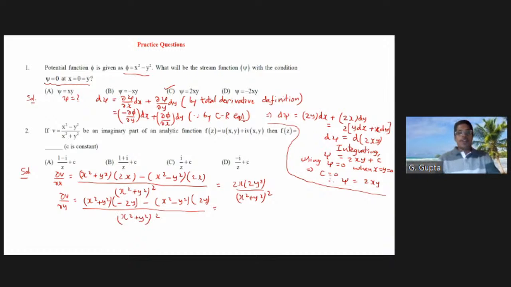So after taking 2y common, minus y square plus y square cancelled. So this is minus 2y into 2x square divided by x square plus y square whole square.